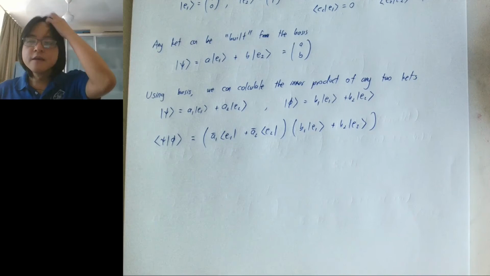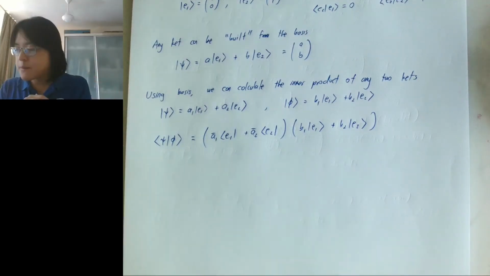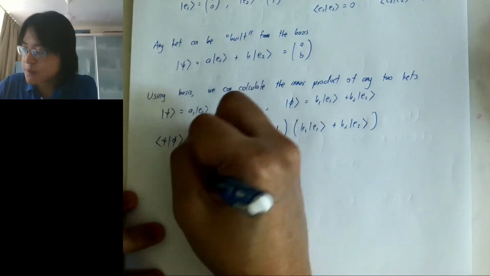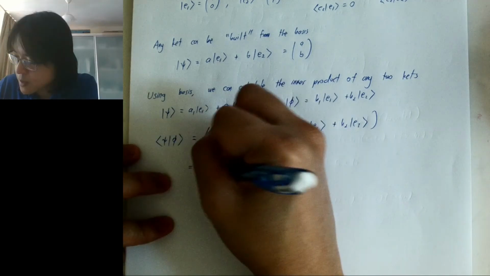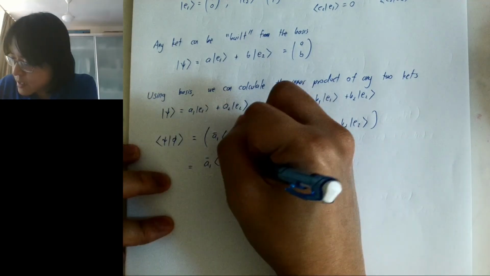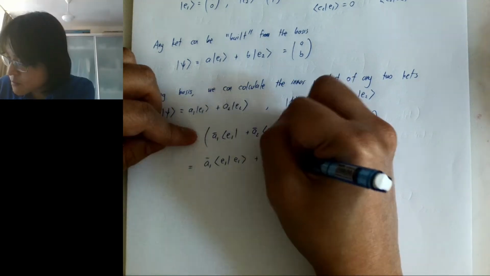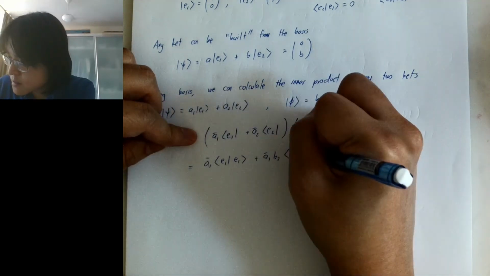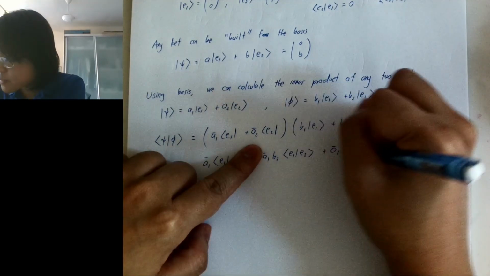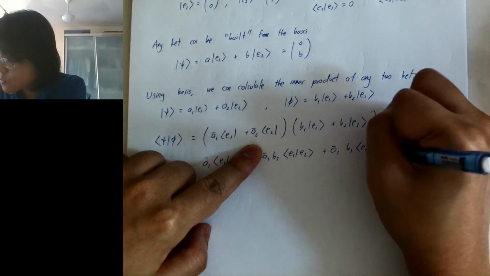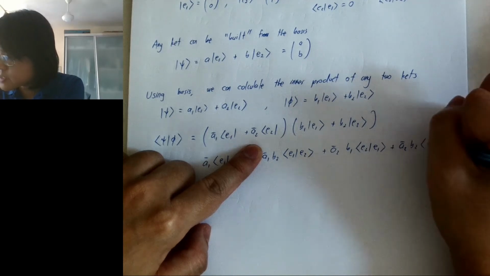Now it works the same way as all your mathematical rules. You expand the bracket, which means you multiply everything with everybody. So I get A1 bar B1 E1 E1, then A1 bar B2 E1 E2, then A2 bar B1 E2 E1, and A2 bar B2 E2 E2.